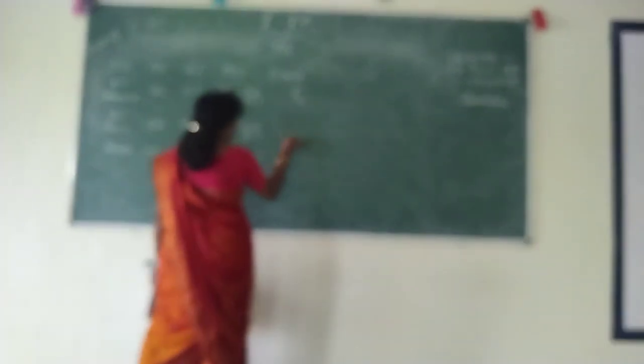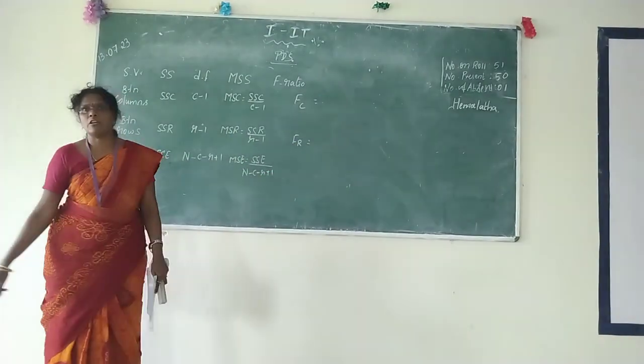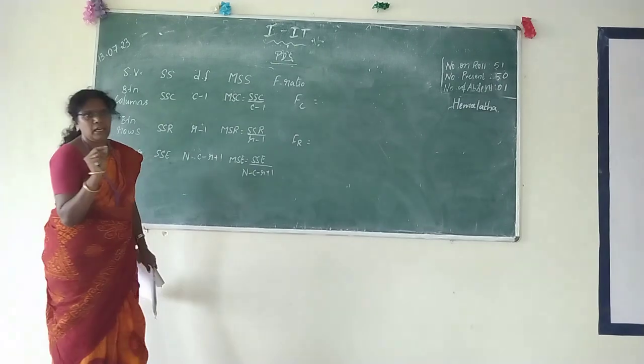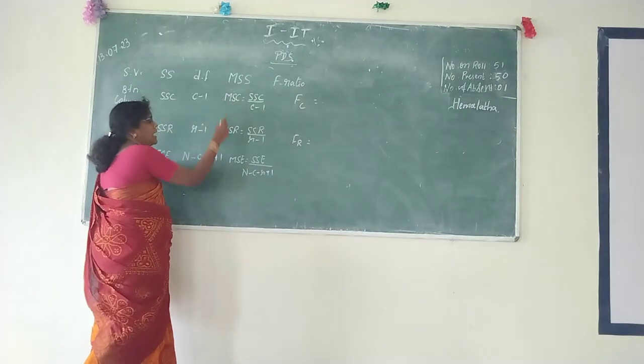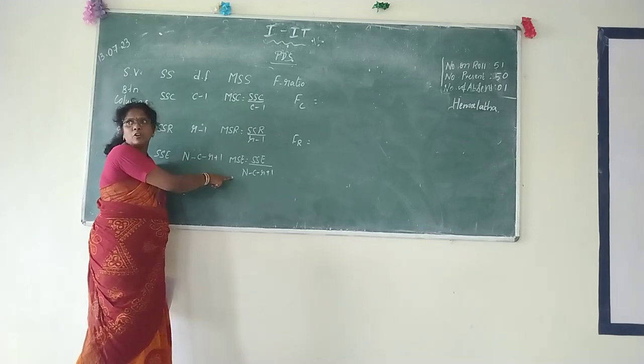So here how many ratios are you going to take? Two ratios, one for column and the other for row. So define two ratios, FC and FR. To find the ratio value, always compare only with the error. To find FC, you compare MSC and MSE. Whichever is larger, you write that one in your numerator.